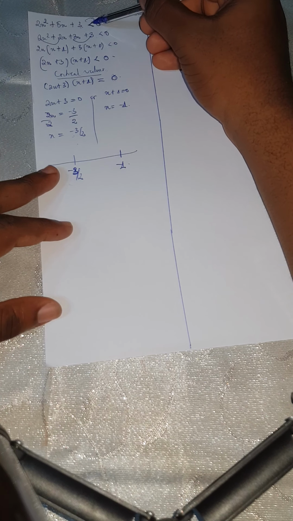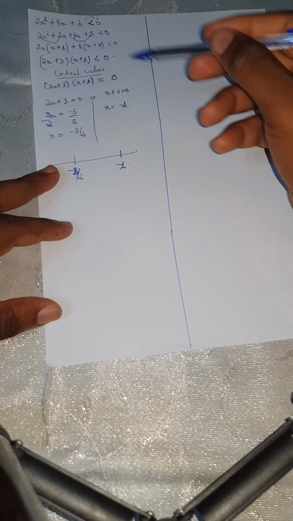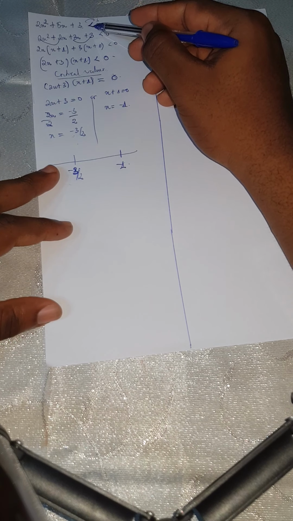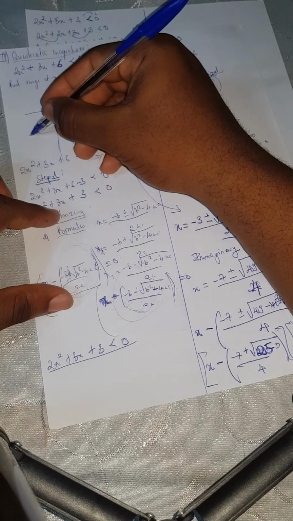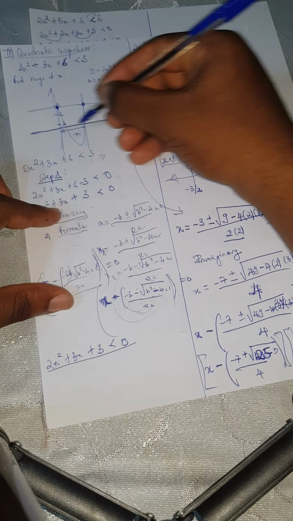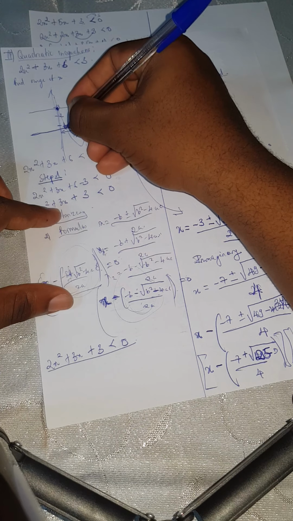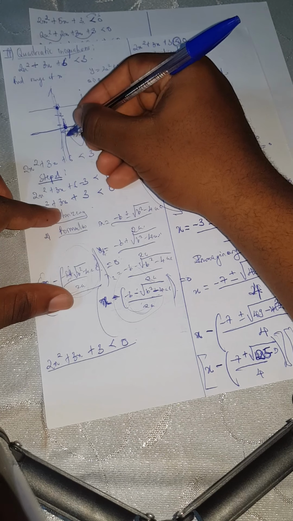So it implies that the values of negative 3 over 2 and negative 1 are excluded in our range because it's not less than or equal to. In this case, we see that on the line y equals 0, it's going to be between this one and this one. So the range of x will exist here.